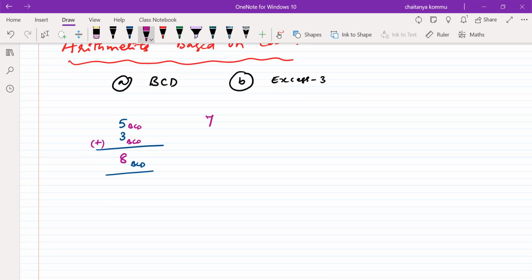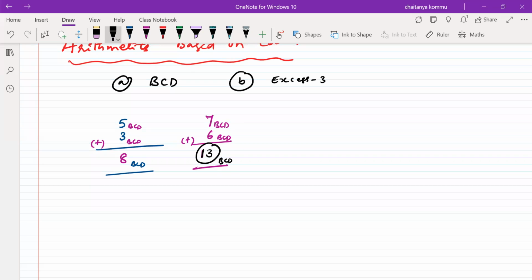But what if I'm adding 7 and 6? Let us consider this is a BCD, this is also BCD. What will I get here? 7 and 6, the value is 13, right? Is 13 a valid BCD digit? It's not a valid BCD number.